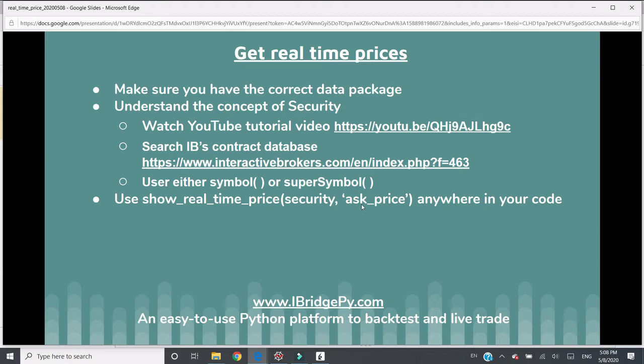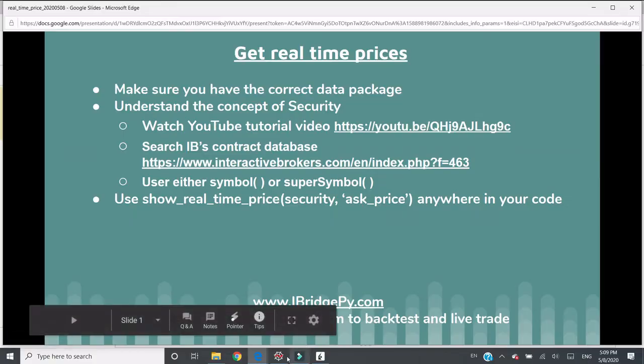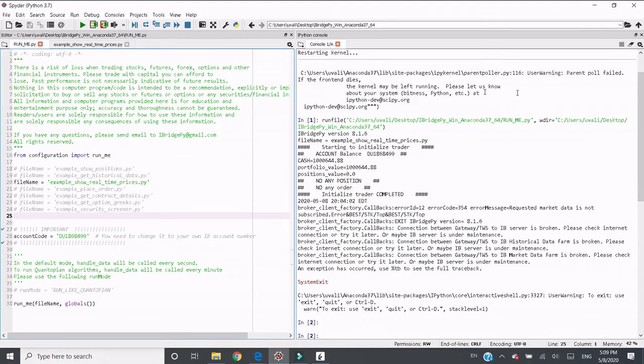You can put ask price, bid price, or last price if it has a last price. For example, Forex only has ask price and bid price. It does not have last price. Let's switch to iBridgePy to give you a demo.